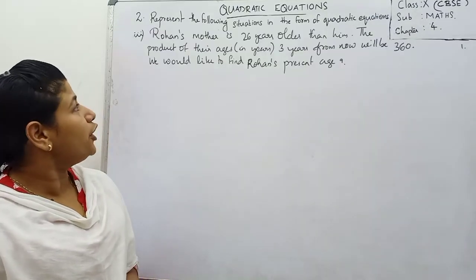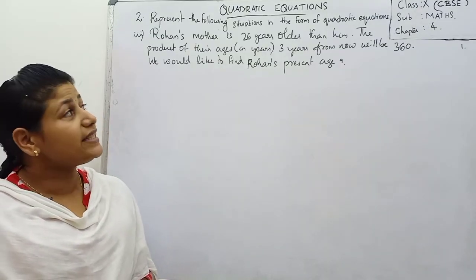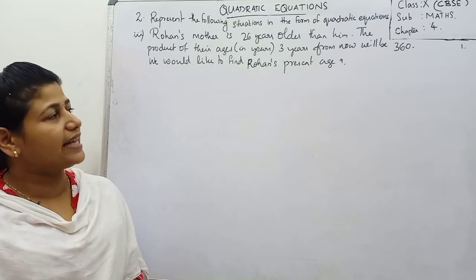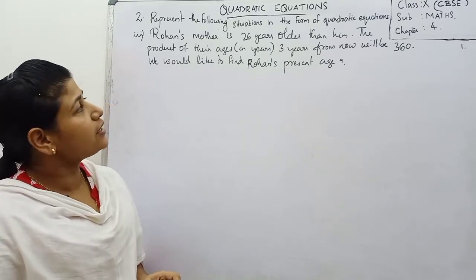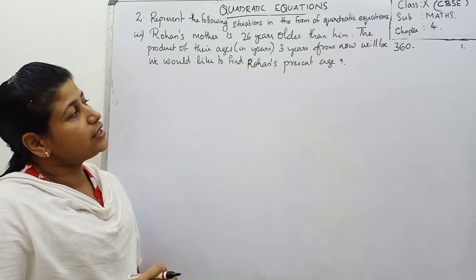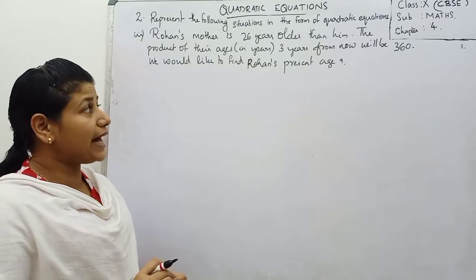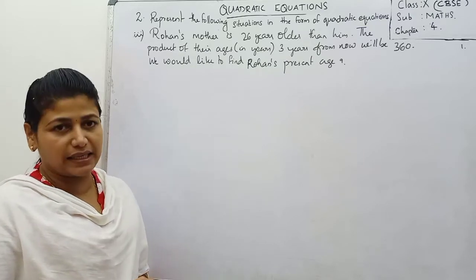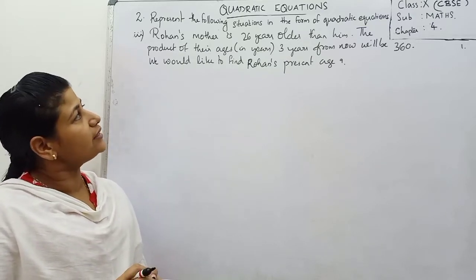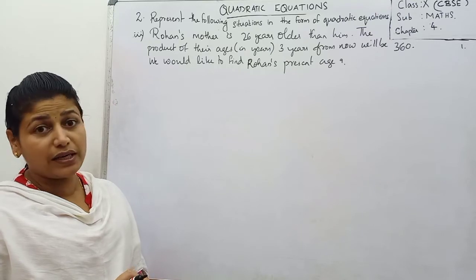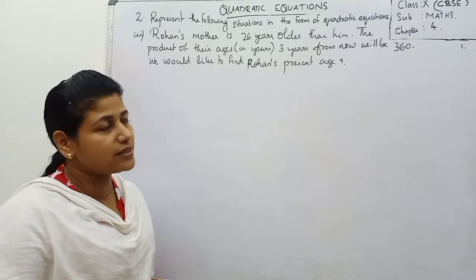Third question. Rohan's mother is 26 years older than him. The product of their ages in years 3 years from now will be 360. We would like to find Rohan's present age. So Rohan's and his mother's ages are not given directly. Some situations are given.